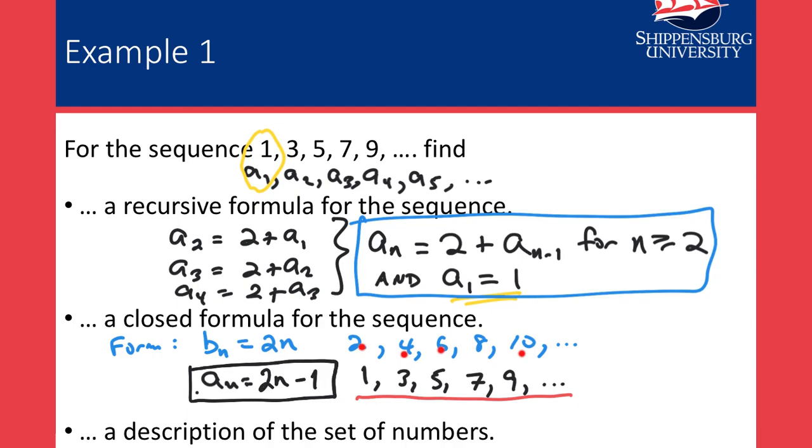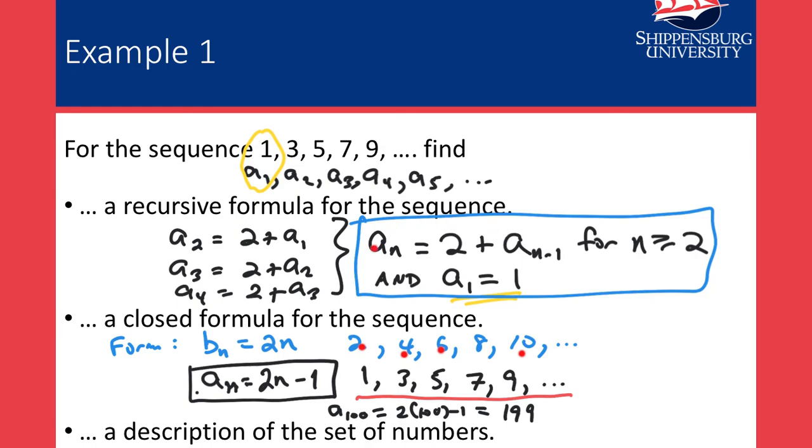So this would be a closed formula. Like I said before, if I wanted to know the 100th term, a sub 100, I now know that that's going to be 2 times 100 minus 1, which is 199. So in this sequence, if you ask me what the 100th term is, I know that it's 199.